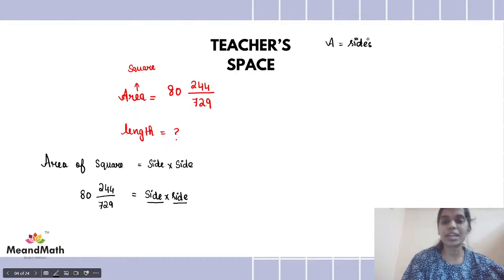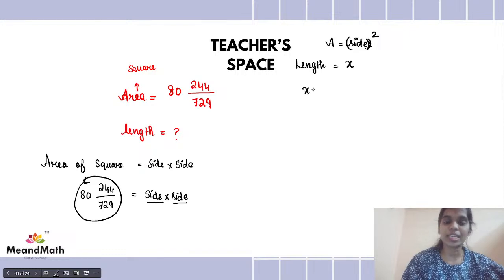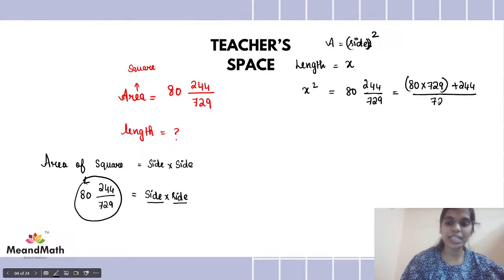Before I find the side, let me rewrite this mixed fraction as an improper fraction. Let the length of the side of the square be x. So x square equals 80 244 by 729, which means 80 times 729 plus 244, divided by 729.